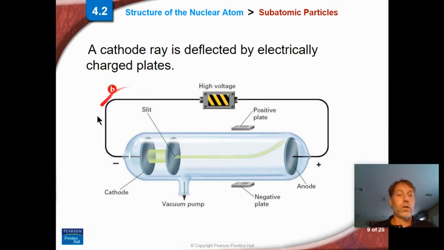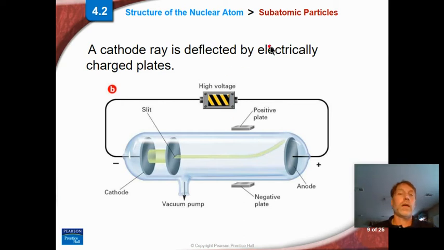As the current went through the cathode ray tube, through a slit, he noticed that the stream would flow upwards towards the positive plate. Since opposites attract, if this is positive, whatever this was had to be negative.